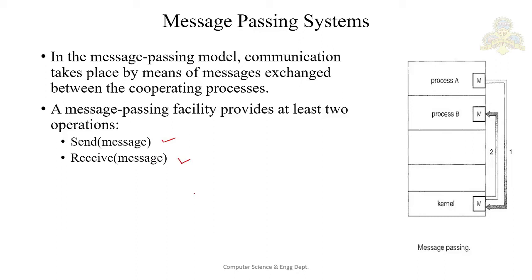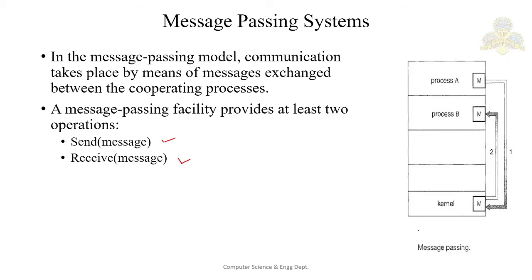The messages sent by a process can be of either fixed or variable size. If fixed-size messages are sent, then the system-level implementation is straightforward. But if variable-sized messages are sent, that requires a more complex system-level implementation. However, the programming task becomes easier when variable-length messages are transferred.